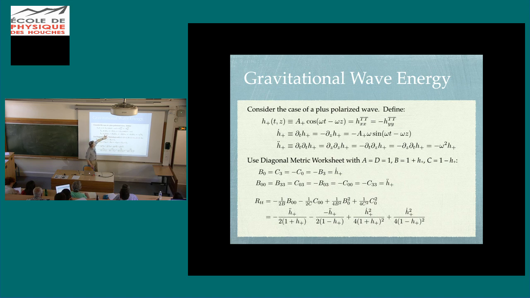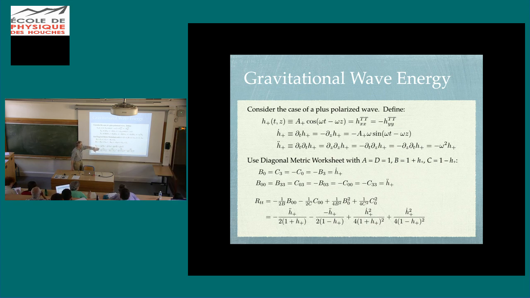The double time derivative is the same as a double z derivative, which is minus omega squared times that. And you can use the diagonal metric worksheet to evaluate terms of the Ricci tensor.